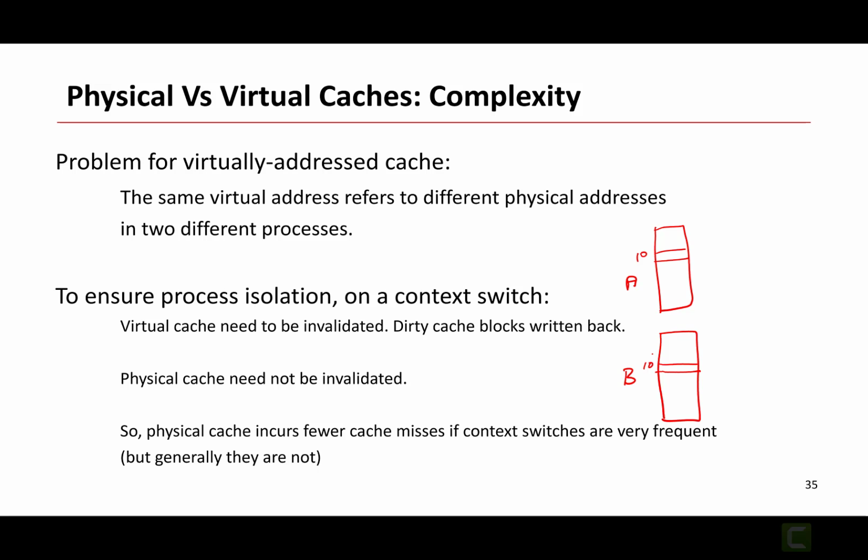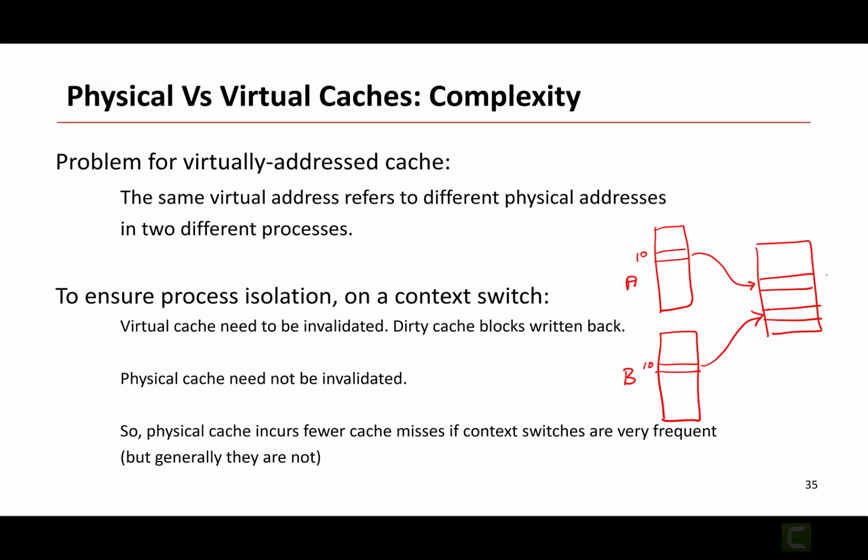Now, the way these two processes, A and B, are isolated from each other is by the operating system, which ensures that it allocates a page for process A and a different page for process B, even though their virtual addresses are the same.